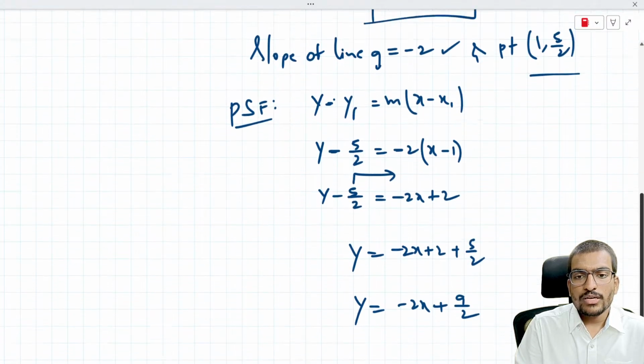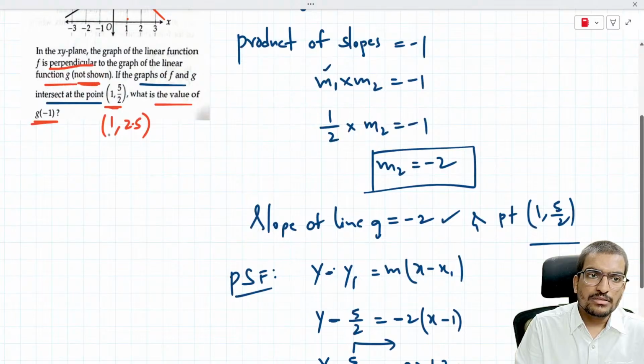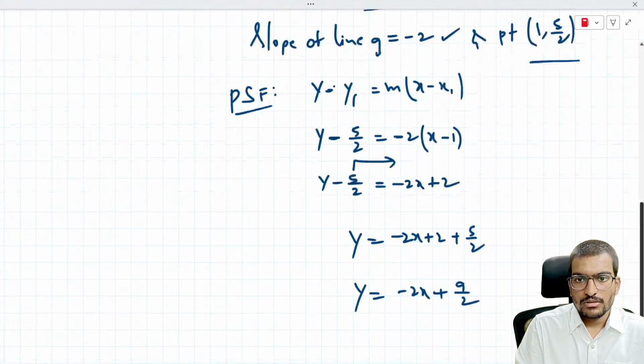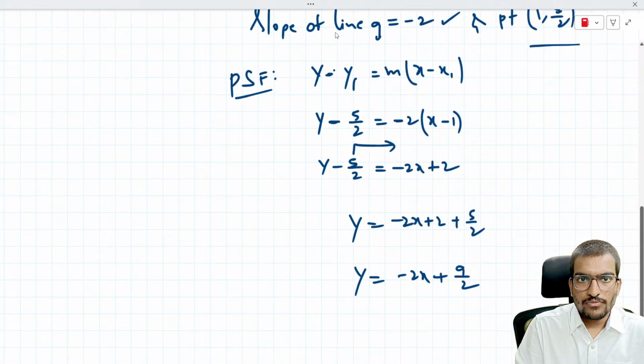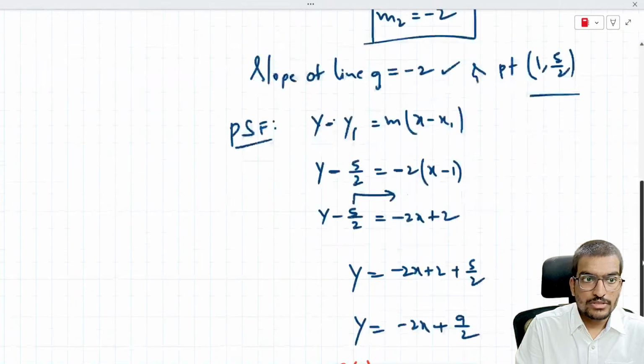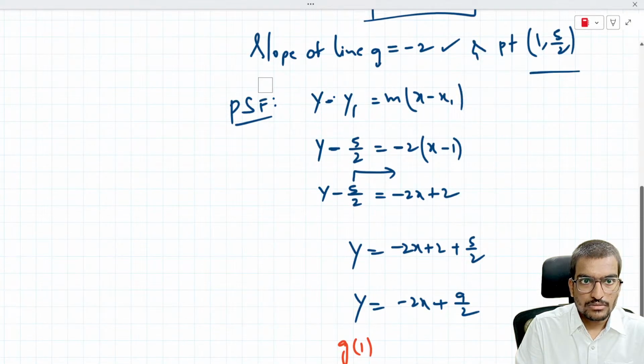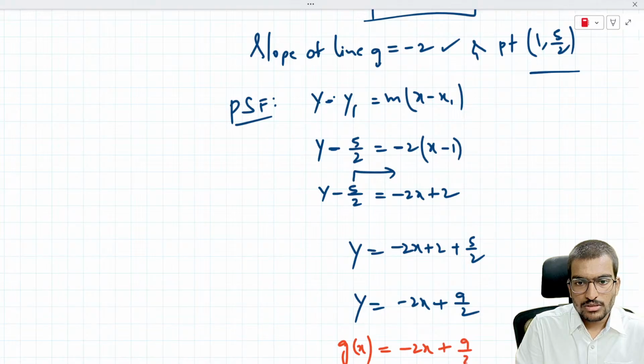So now what do I need? I need g of 1. So this is g of 1. Not g of 1, g of -1 I need. So y is nothing but the function g, this is g of x only. That equals -2x plus 9 by 2 only.